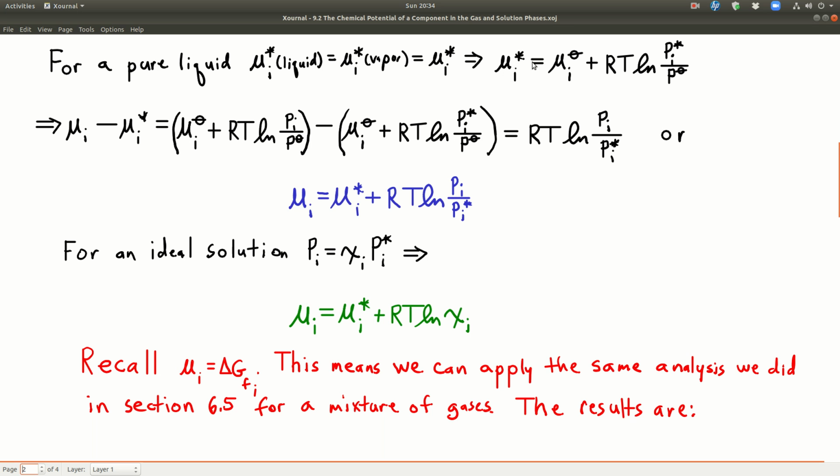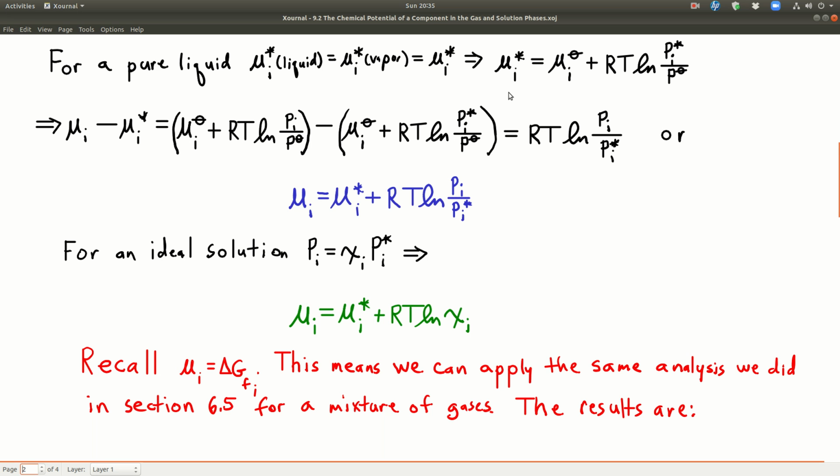Mu sub I star equals mu sub I standard states plus RT ln the vapor pressure, this P sub I asterisk, the vapor pressure of the pure substance over the standard pressure of 1 bar.